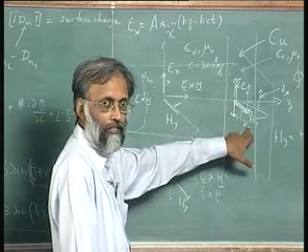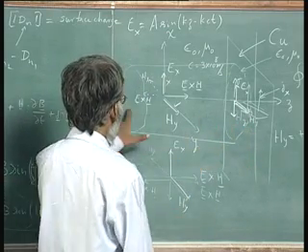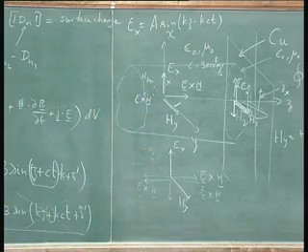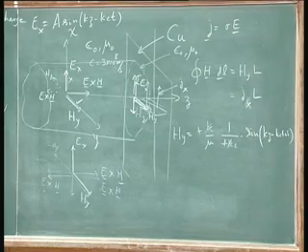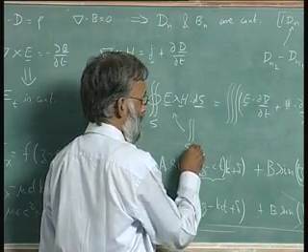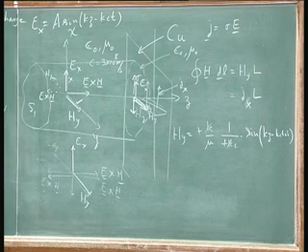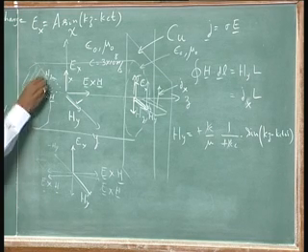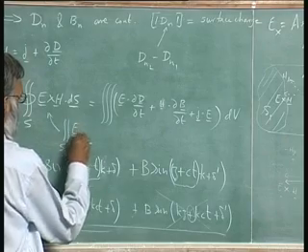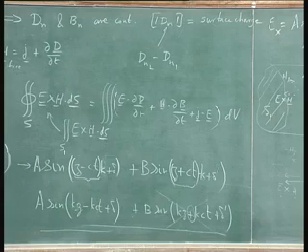Electric field is 0 inside the wall, so there is no E cross H. So all the E cross H is here. So this is the surface integral over the surface 1, which is just this piece of E cross H, and I am saying that should be 0.